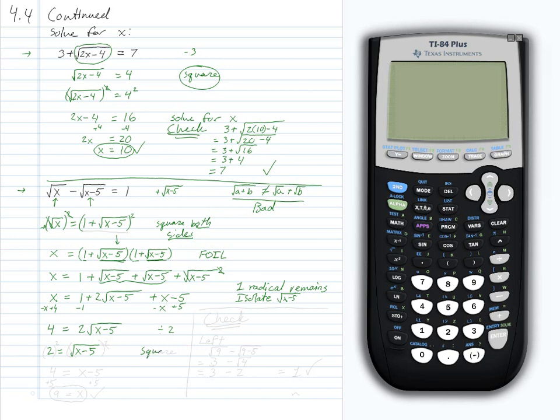In this case, we're going to square both sides. So if we square 2, and if we square radical x minus 5, we get rid of the radical. We're left with x minus 5 on the right, and 4 on the left. And finally, we can solve for x by adding 5, to get x equals 9.